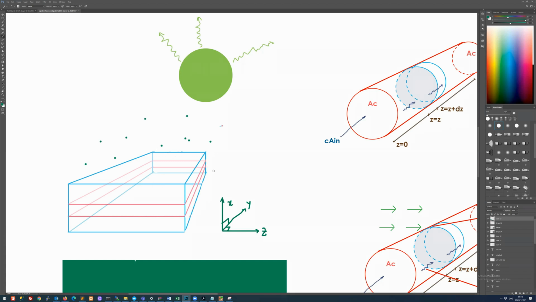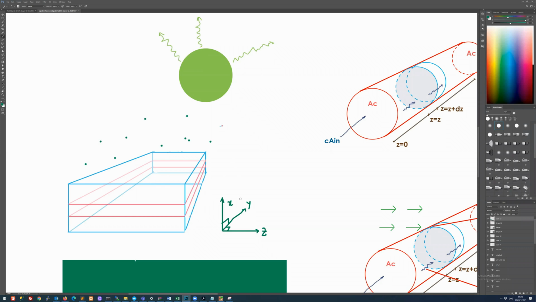We assume that because this is poured into a hole in the ground, there's no variation on the sides here, that water is not diffusing in this direction and it's not diffusing in this direction. So if you look at our dimensions, it's not varying in Z, it's not varying in Y, it's only varying in X. The concentration of water can only vary in the X direction.